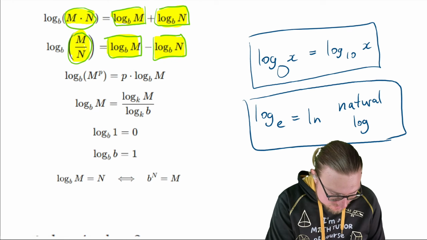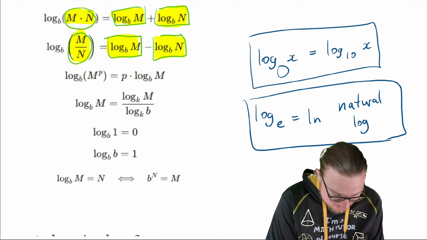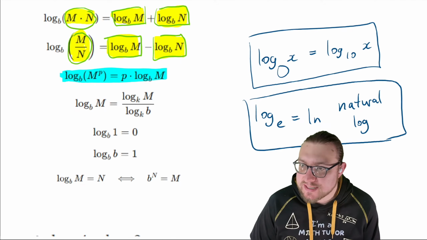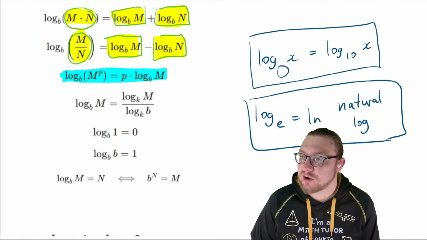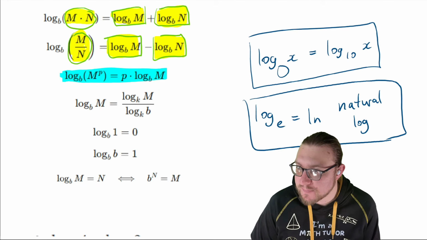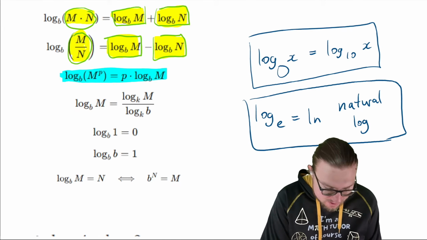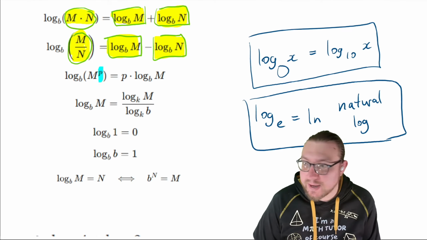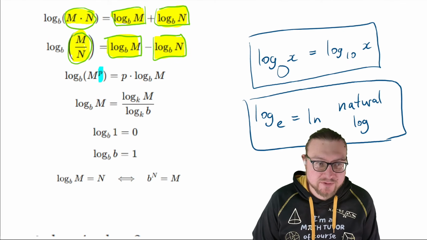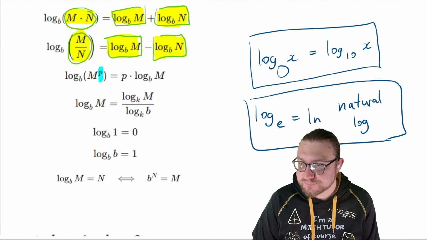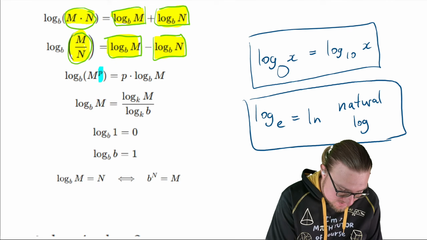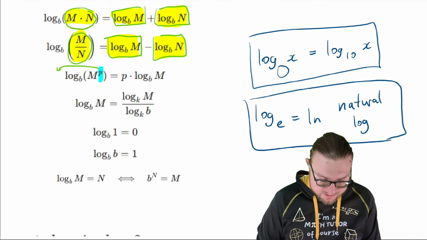Okay, let's have a look at the next rule. It's looking very complicated with all these rules, but it's really important that you just understand the concept of what they're doing. That's why I'm marking them in different colors. Here, the concept is that if we have something with a power, and in level 3, there's lots of things with a power, if we apply log to it, that means that power moves in front.